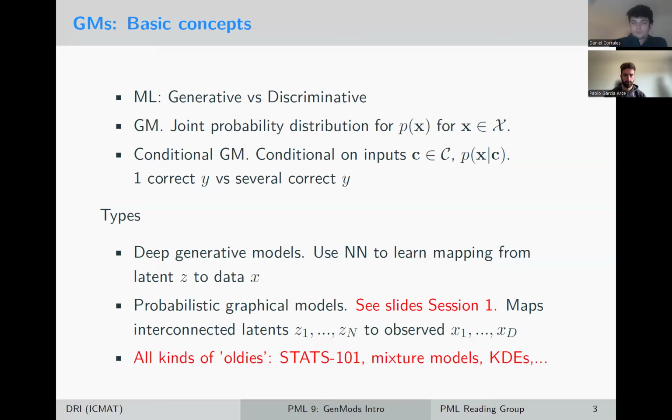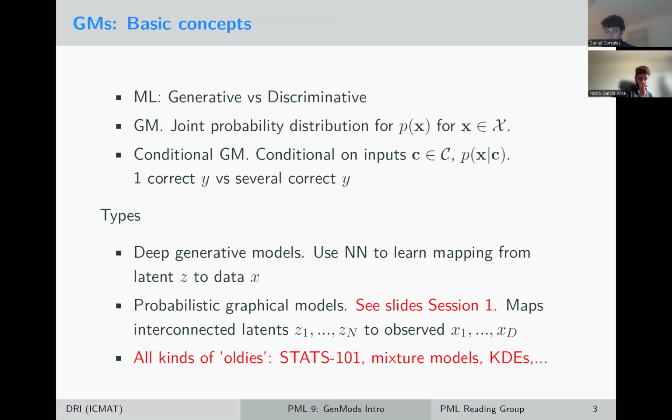There are other families. There are probabilistic graphical models. We saw a bit of them in session one. Basically, they map n interconnected latents to the observed d variables of interest. But the separation is a bit artificial, because there are deep probabilistic models, and there are mixtures of everything.